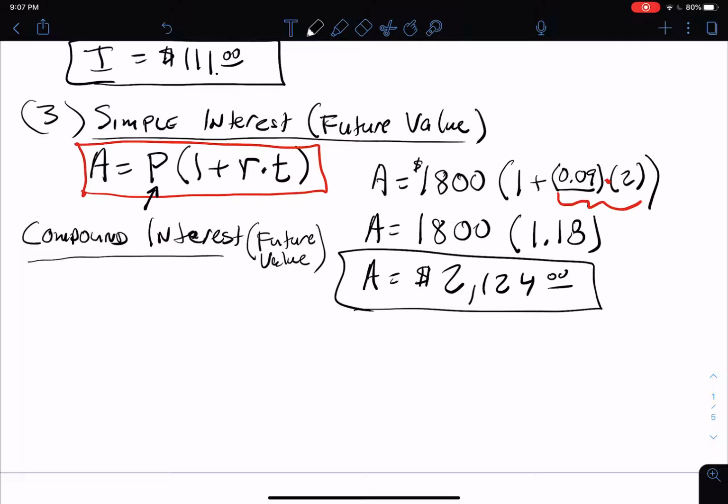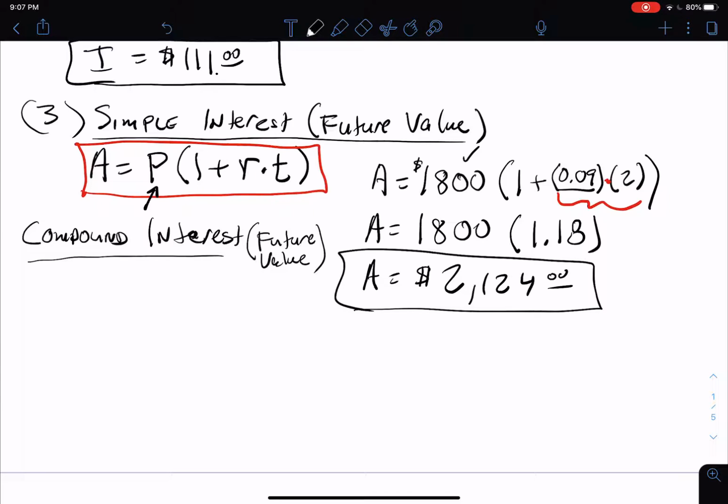So on simple interest, you're taking 9% of the principal, so that principal never changes. It's that starting amount. Whereas in compound interest, you're taking 9% of the pot that grows bigger and bigger and bigger. So because of that, it grows faster and faster, which is an exponential growth.